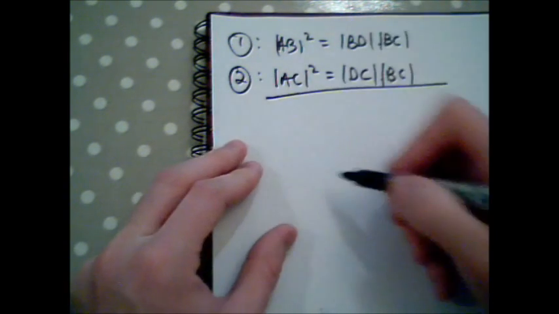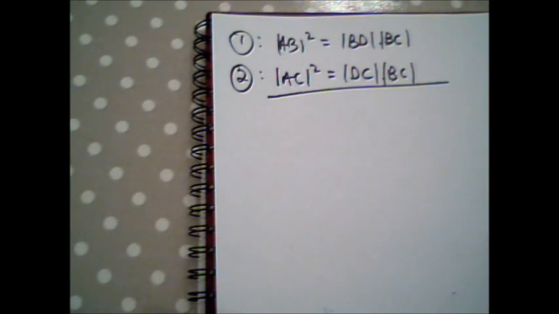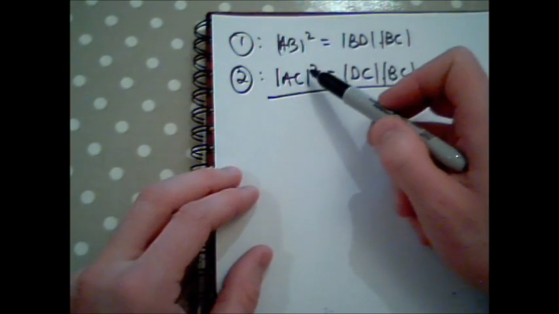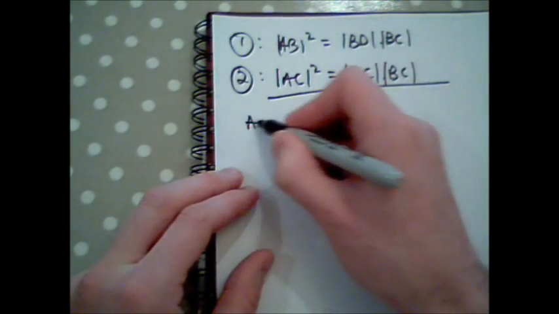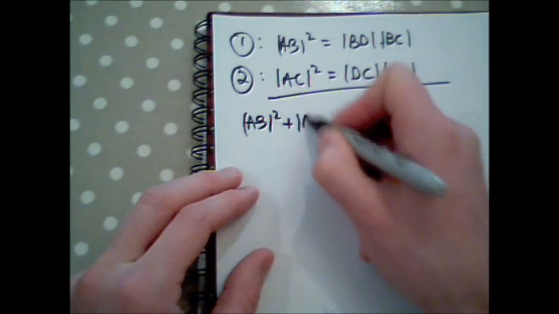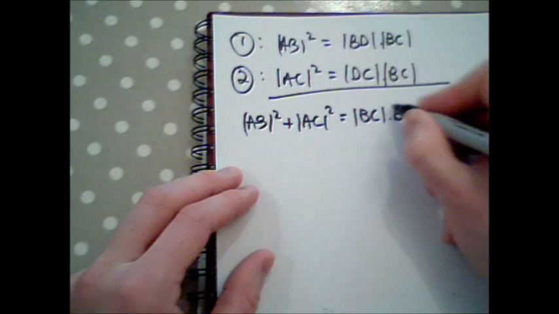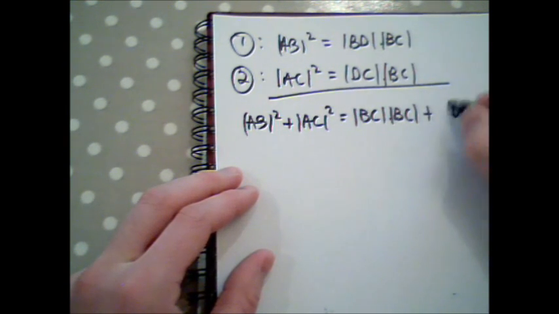So let's add both of them, because in our answer we want AB squared plus AC squared. So we get AB squared plus AC squared on the left equals BD times BC plus DC times BC.